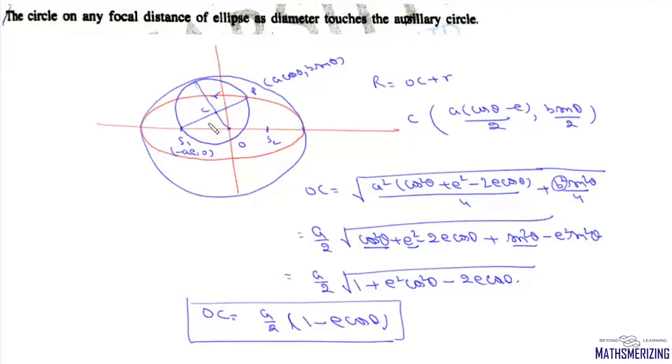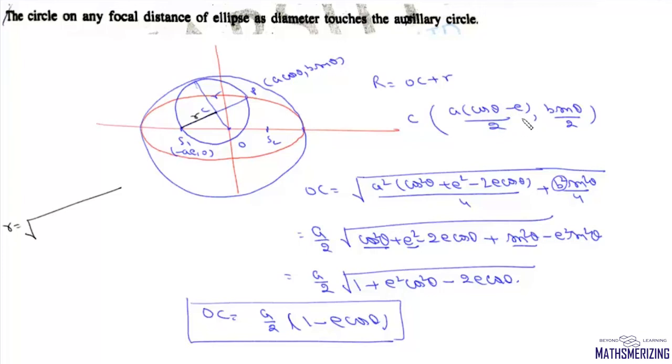Now we need to find the radius of this circle. The radius of this circle will be the distance between C and S1. So this small r will be the square root of, now what is CS1? CS1 is a cos theta minus e by 2 and then plus ae.